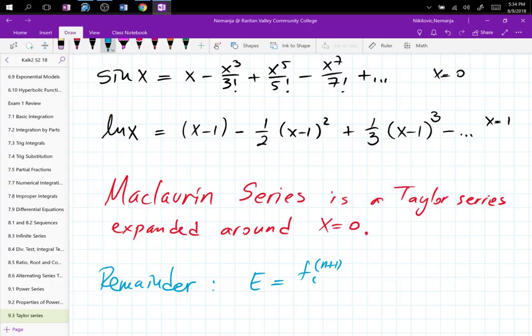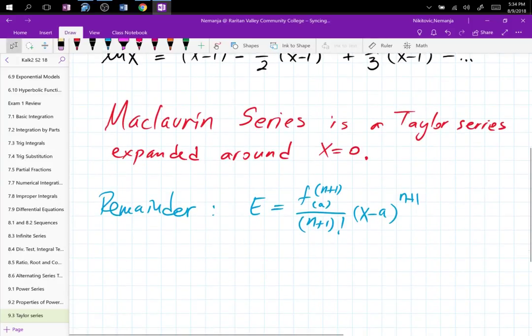N plus 1 a over n plus 1 factorial x minus a to the n plus 1. So that just says compute the next term. Most of the error will be focused in that anyway.